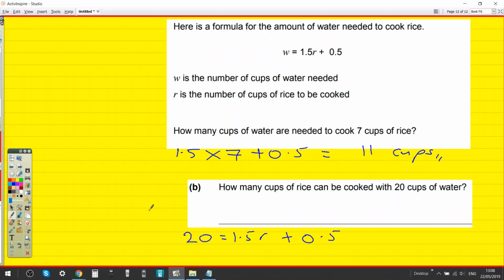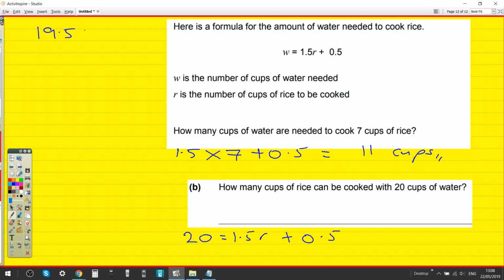So we're interested in rice. So basically I would minus 0.5. Yep. And then minus it from the 20 as well, which is 19.5.